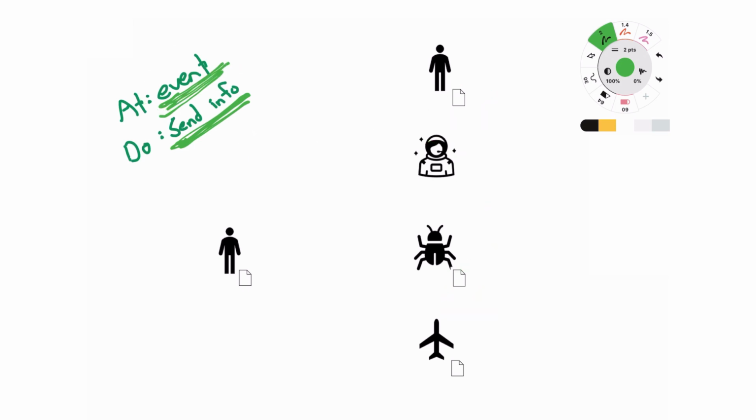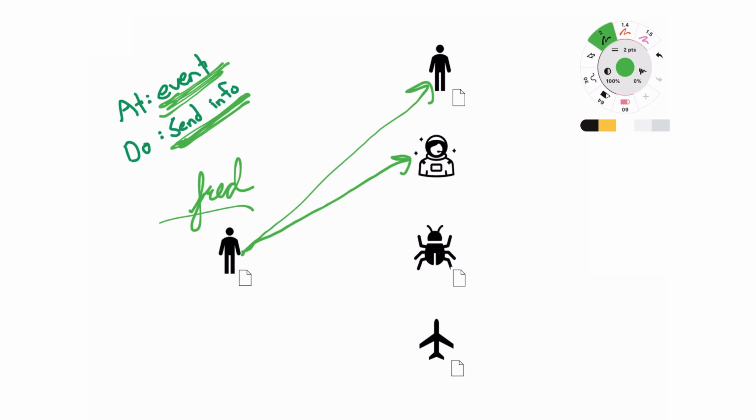So as an example, let's name this guy. Let's try some cursive. Fred, even though it should be a capital F. Here's Fred, and at some event, let's say Fred runs into a big hive of, I don't know, sharks. A shark hive. That makes sense. When that happens, we might want to send information, some signals, to some subscribers.